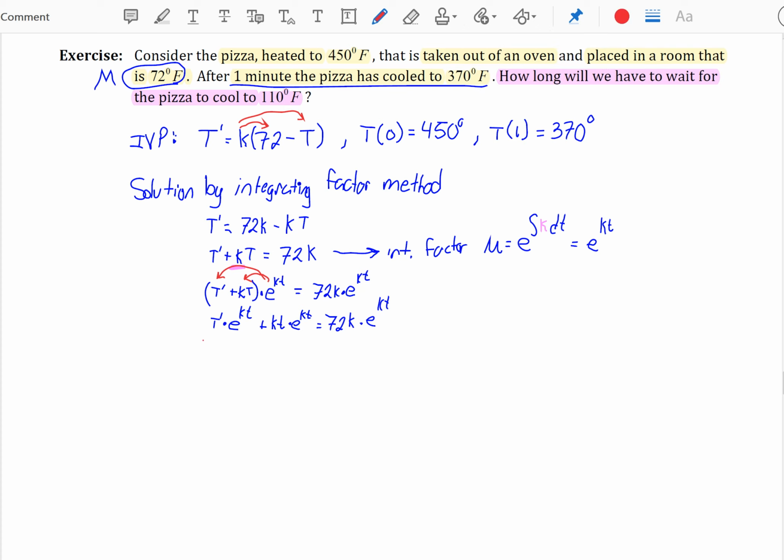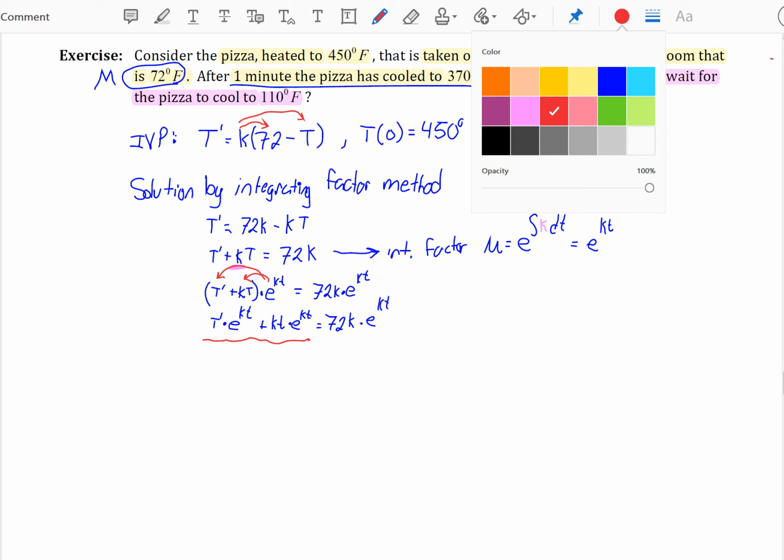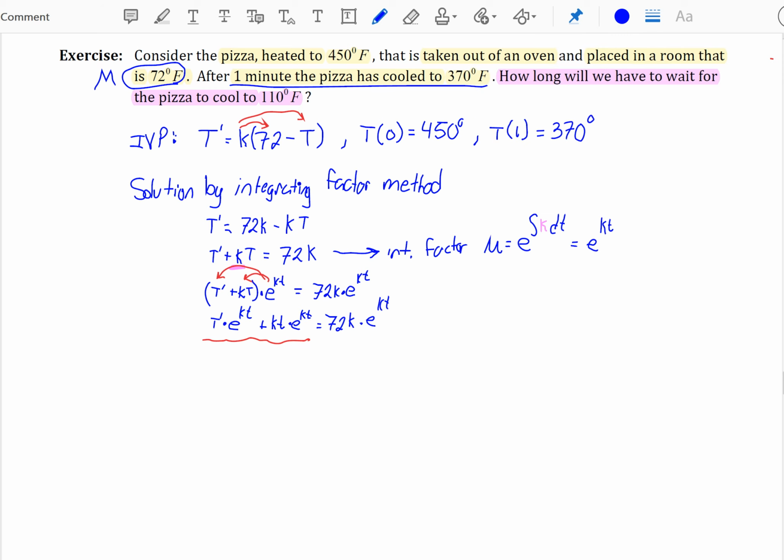At this point, we want to recall that the left-hand side could be written as an application of the product rule, where the product would always be our original function T times the integrating factor.